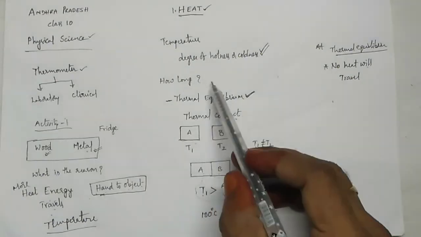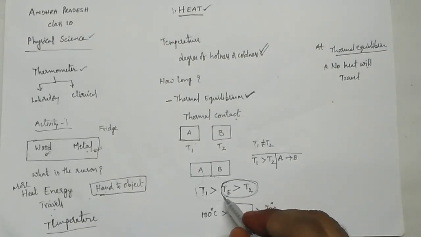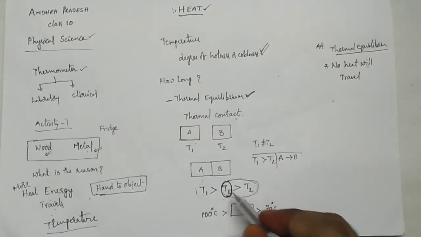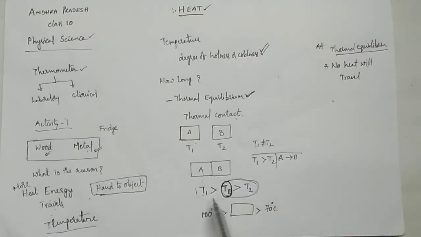How long will this take place? Until they attain a common temperature. That common temperature is called the thermal equilibrium temperature and it is denoted with T. This thermal equilibrium temperature will be in between the higher temperature and the lower temperature. Thank you.